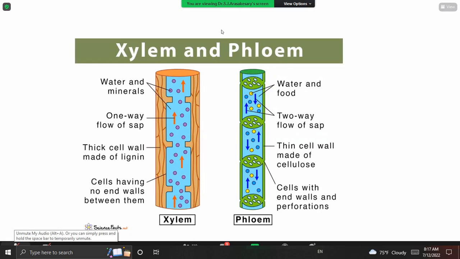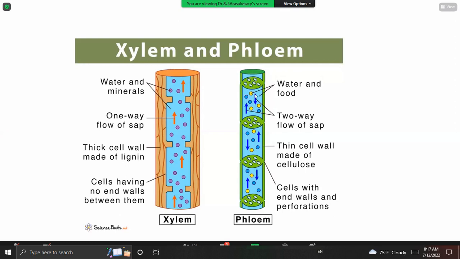Sucrose was needed in all the parts. Yes, that is the correct answer. See, the water is taken from these roots, so there is no need to supply the water to the roots. But the sucrose and the assimilates should be supplied to the roots also, and they have to go up from the stem to the leaves.